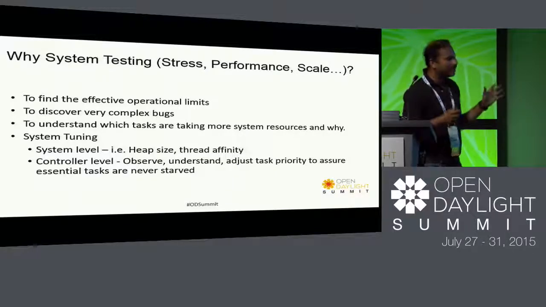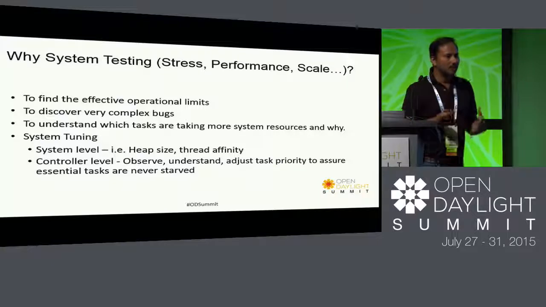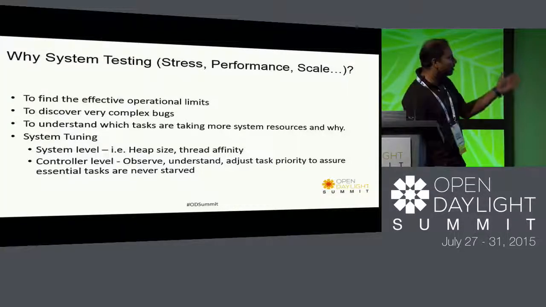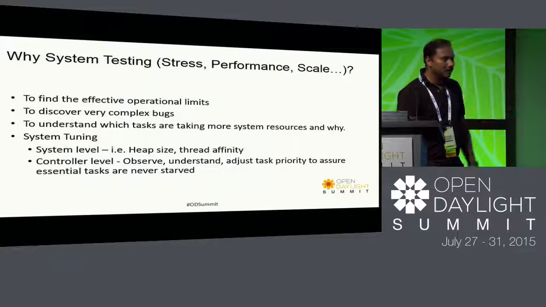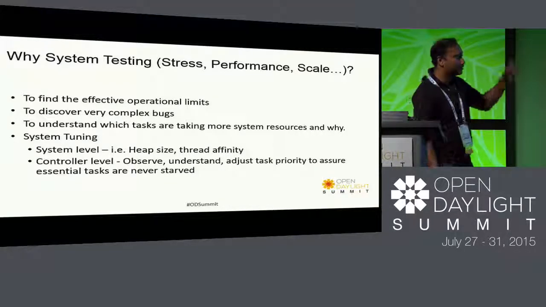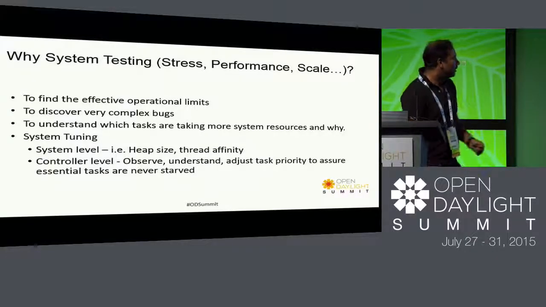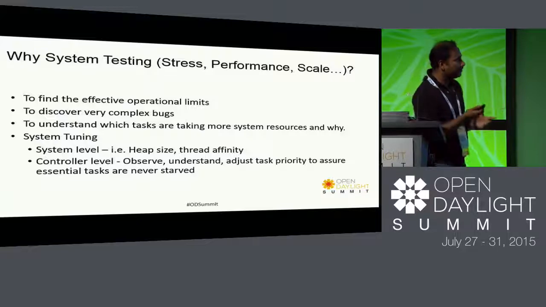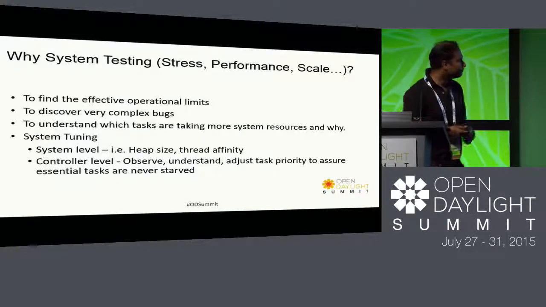Once we understand how these plugins work and how much resources they require, we can do tuning. We can recommend to customers, hey, if you want to increase the performance, you need to do these tunings. Like you need to increase the heap size, you need to have some thread affinity for a task, or from a controller perspective, you can even adjust the priority of a task, if you could.